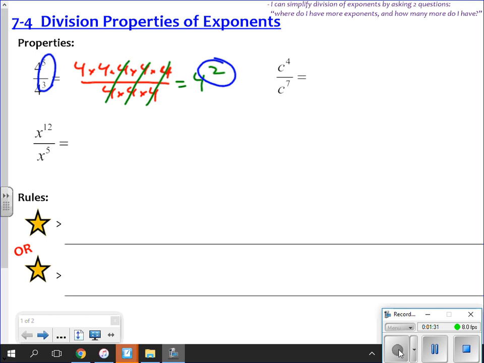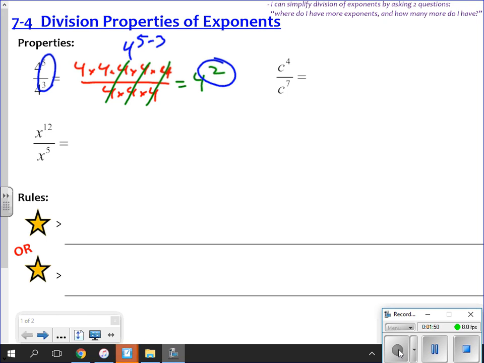Subtract. When you multiply, what do you do? You add. So when you divide, what are you going to do? You're going to subtract. So this would be 4 to the 5 minus 3 power, and 5 minus 3 is 2.